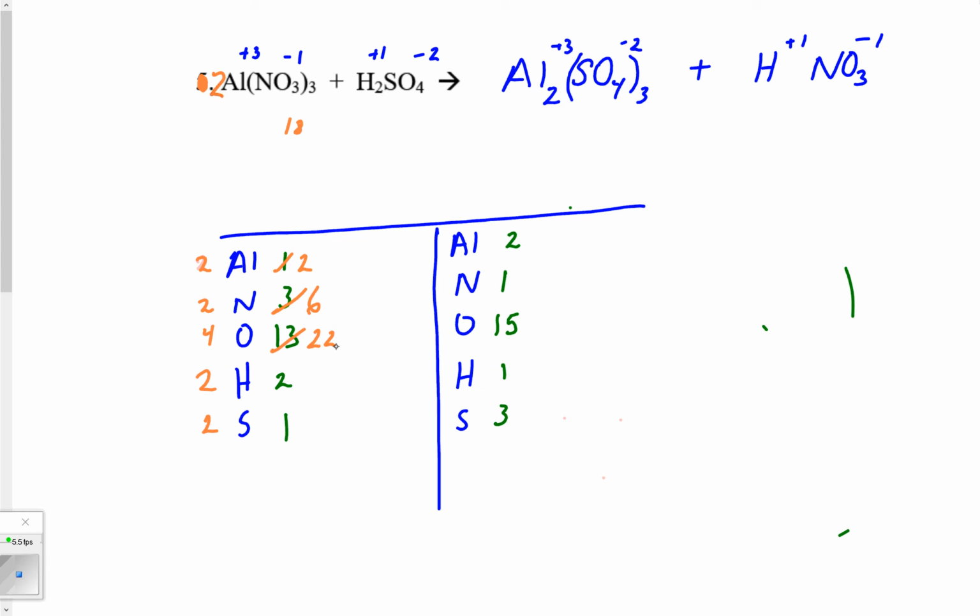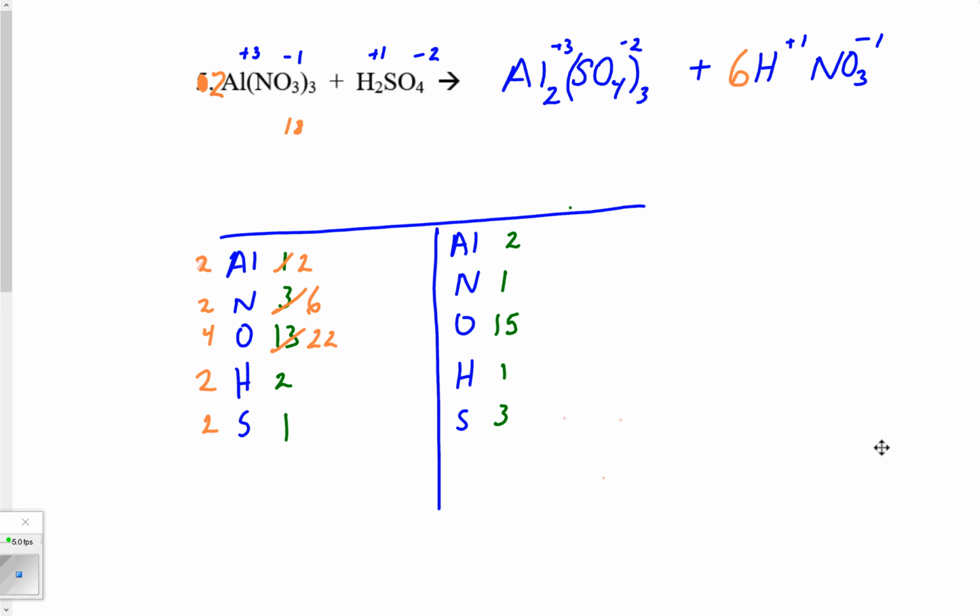All right, so now, which one do I try and balance next? Well, let's pick nitrogen now because it's next. I'm just kind of going in the order. I got lucky here. So if I got 6 on the left, what can I multiply the right side by to get 6? Well, let's go with 6. But let's do it in order. I don't want to get messed up here.